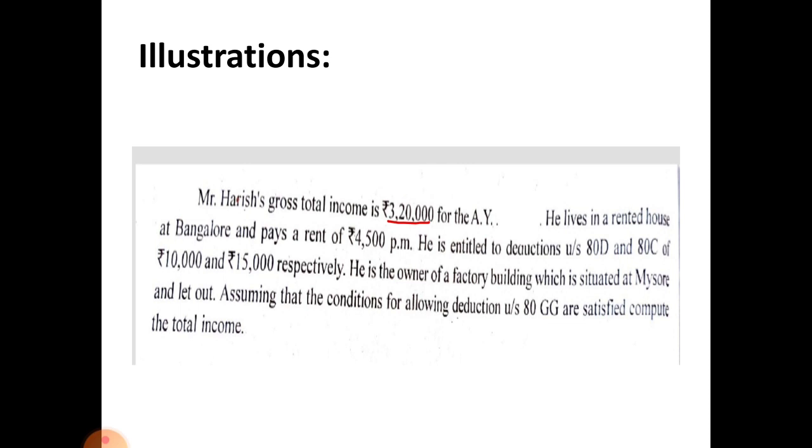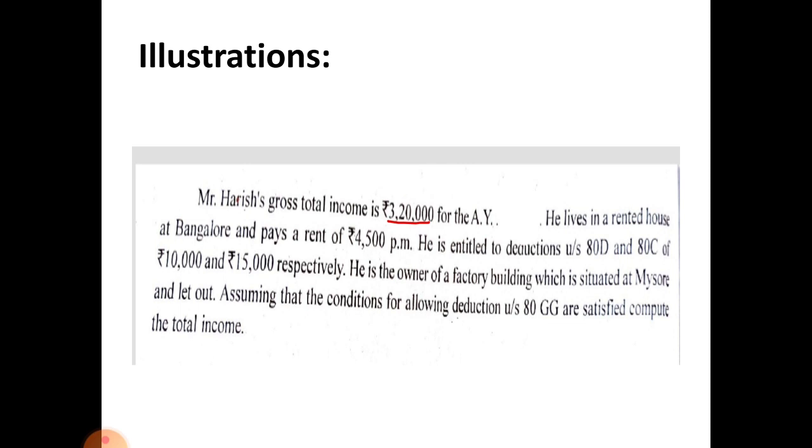To claim deduction under section 80 GG he must satisfy some conditions. The deduction is the least of the following: the excess of rent paid over 10% of adjusted total income, or 25% of adjusted total income, or 5,000 rupees per month, whichever is less.